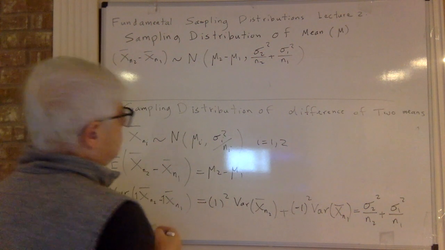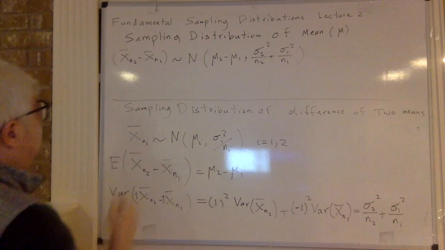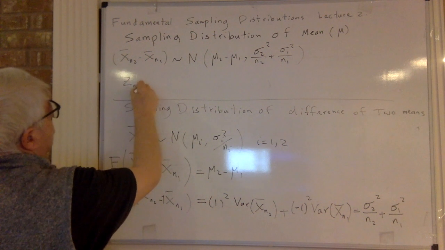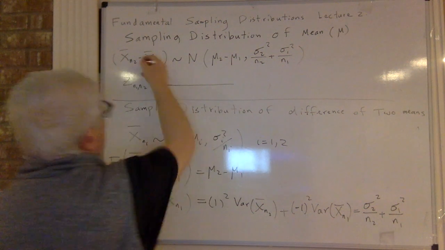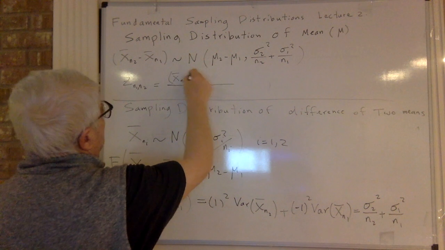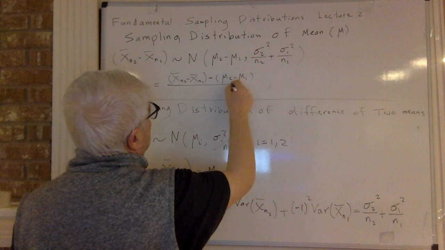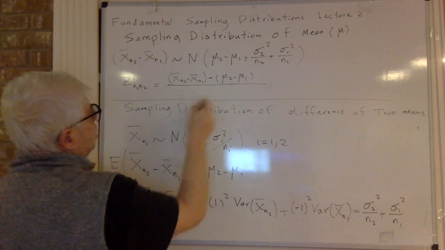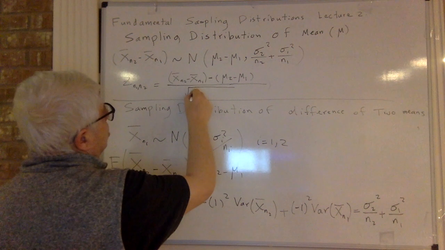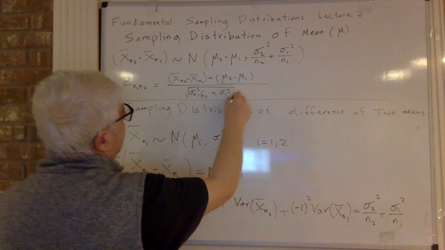Okay, so in order to use the central limit theorem, we need n1 and n2 large, something like that. So the random variable minus the mean of that divided by its standard deviation, which is the square root of sigma 2 squared over n2 plus sigma 1 squared over n1.